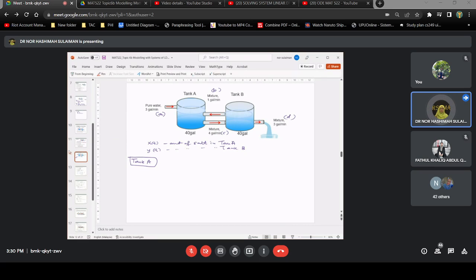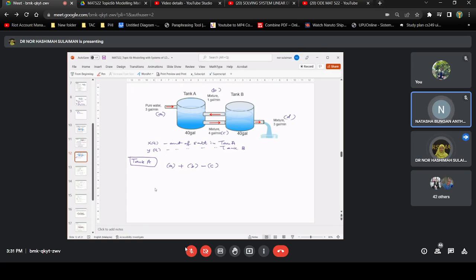Cuba you perhatikan dekat tank A. Berapa saluran yang masuk dalam tank A? A plus B, betul? Minus C kan? A masuk, B pun masuk, lepas tu yang keluar adalah C. Betul? Are you all with me? Betul. Alright, so kita akan follow yang ini.